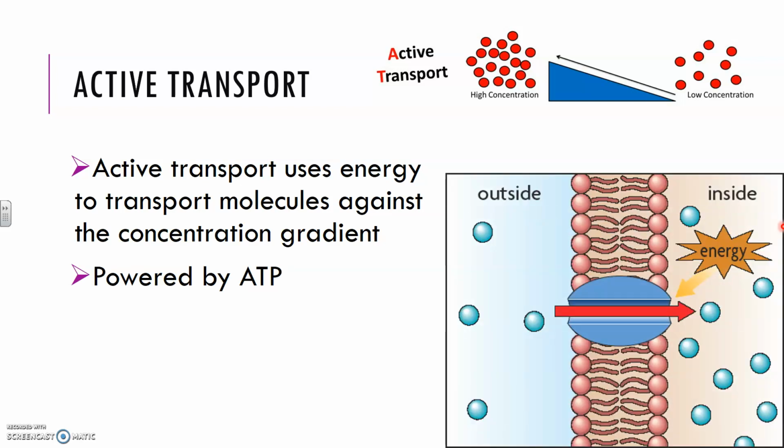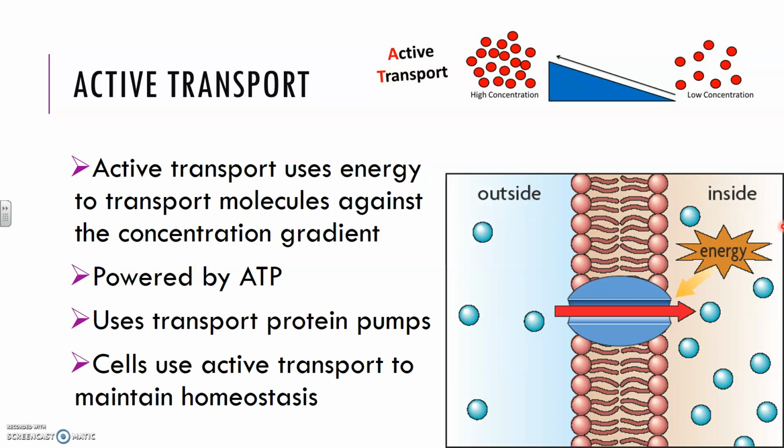So the ATP will bind some type of transport protein that works for active transport, and that will form basically a transport pump. So it's working to pull all of those molecules in that it can find. And so the cells use active transport in order to maintain homeostasis. So they will pull in what they need.